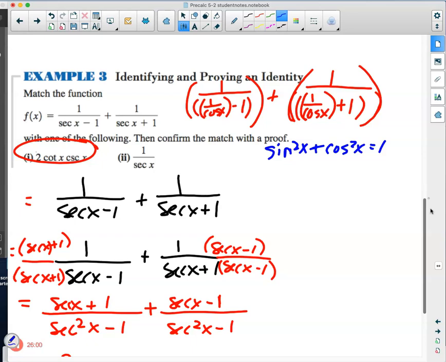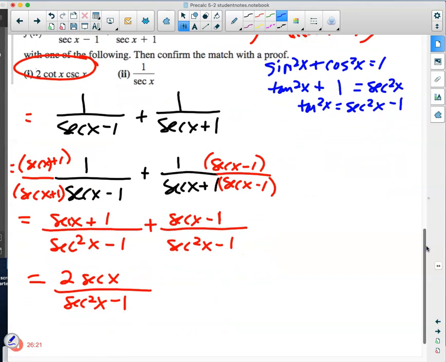So sine over cosine, that's going to be tangent squared. Cosine over cosine would be 1. So if I subtract my 1 from both sides, now I can replace that secant squared x minus 1 with tangent squared x.